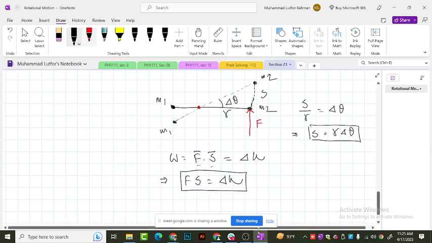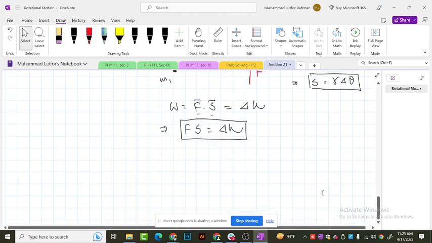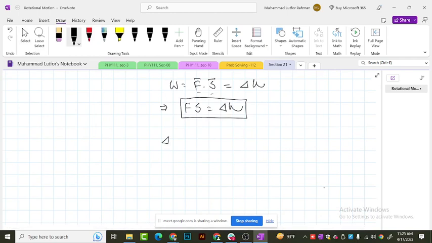Let's do that in another case. This change of kinetic energy I should write as kinetic energy final minus kinetic energy initial. Kinetic energy final means only the rotational kinetic energy, because the system is rotating about that point. Its center of mass is not moving.